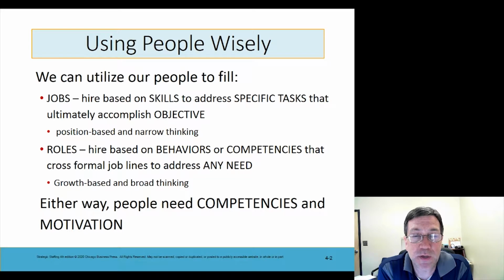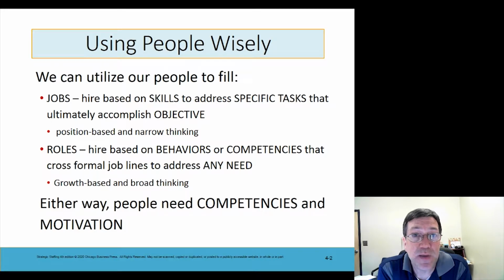If we are hiring to fill jobs, we're looking for somebody who can perform this particular job description, that can sit at this particular desk and do these 6 things, and we don't really look for them to do anything else. We're looking at the short-term position from a narrow perspective and trying to find somebody who has very specific skills to do very specific tasks to accomplish one specific objective.